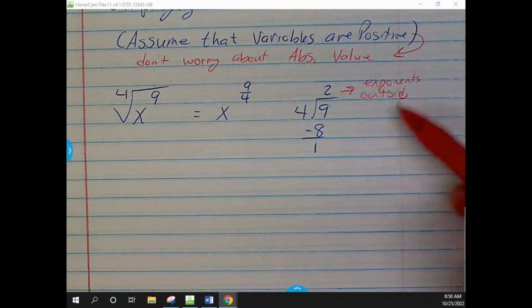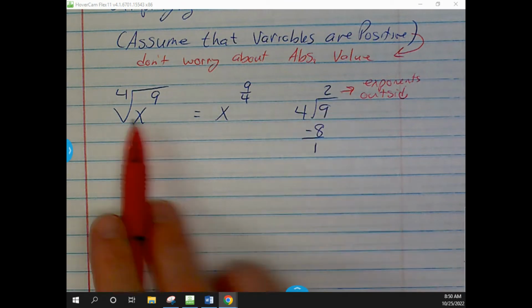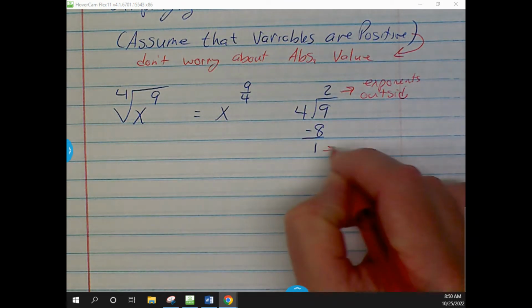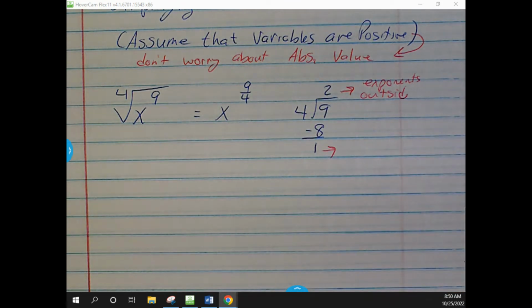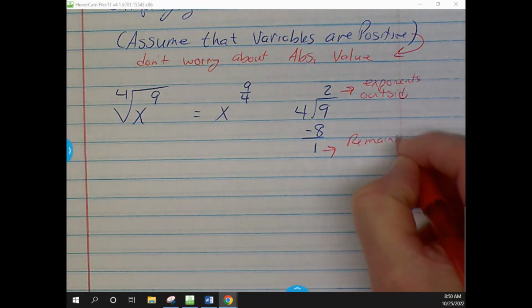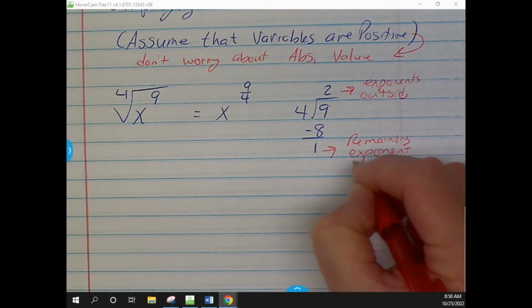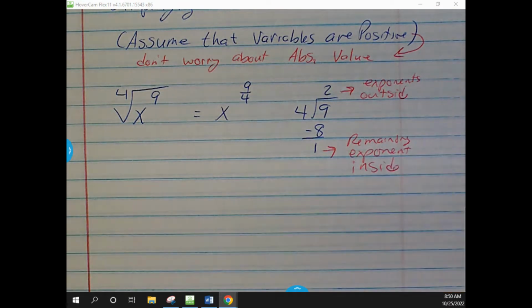This is how many of these you're going to get out. So now we're doing groups of 4. So 2 groups of 4 we get out. The number, your remainder, is what's going to remain on the inside because it is your remainder. So, remaining exponent inside.